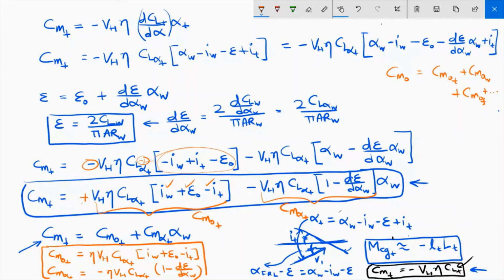So that's why the equations that we have obtained for individual parts are later going to be combined to come up with the moment coefficient for the entire aircraft. In the same way, CMα will also be a combination of CMα tail plus CMα wing plus CMα fuselage plus other things if you want to include, although the effect of other components will be very small, right? So the dominant players here are the tail and the wing, and then maybe a little bit from the fuselage.